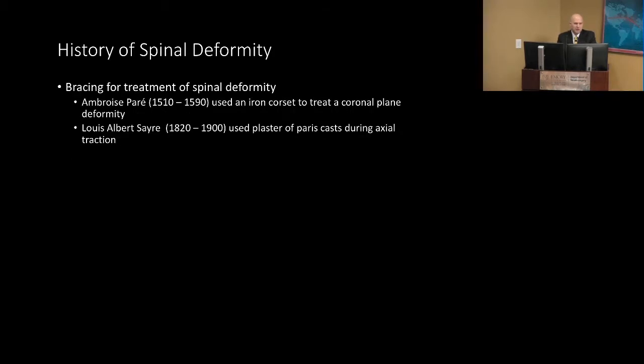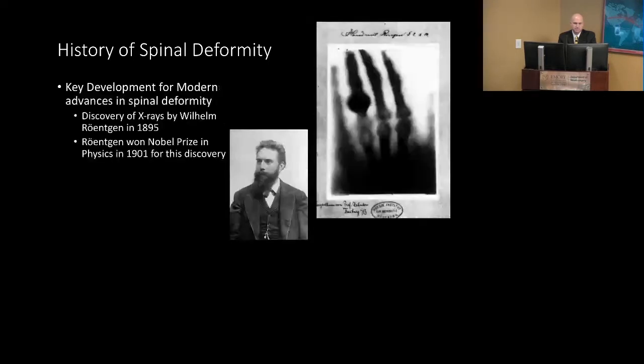The first use of a brace was in the 1500s. Ambroise Paré used an iron corset to treat a coronal plane deformity in a child. This was really modernized by Louis Albert Sayer, a French orthopedist who used plaster of Paris casts during axial traction, and found that this greatly improved the efficacy of traction therapy.